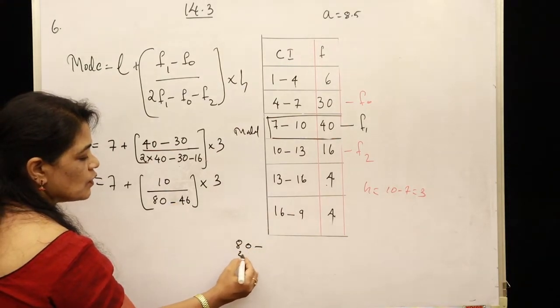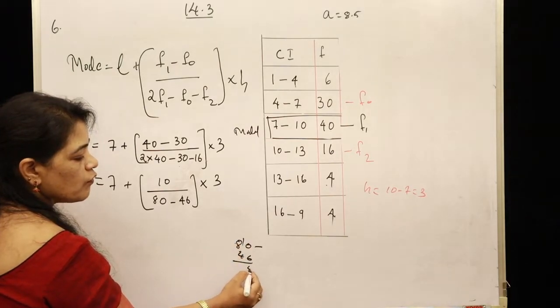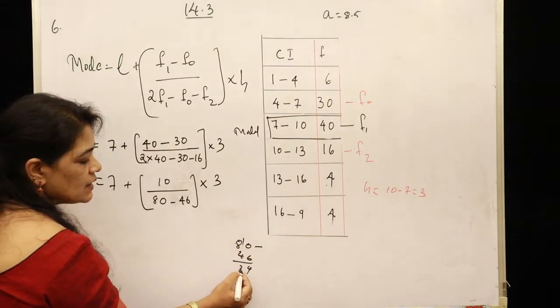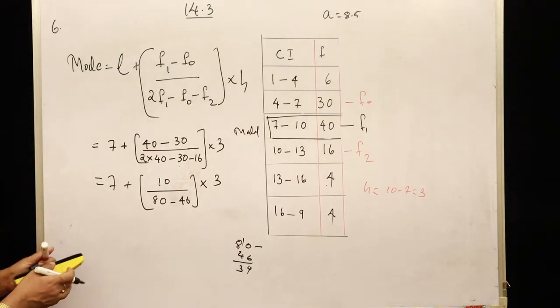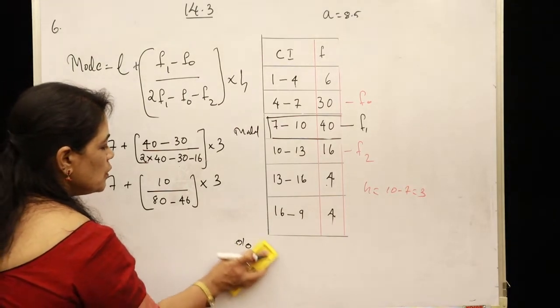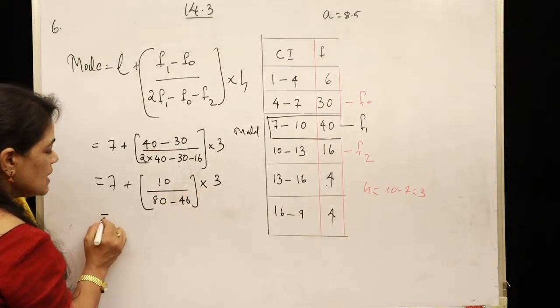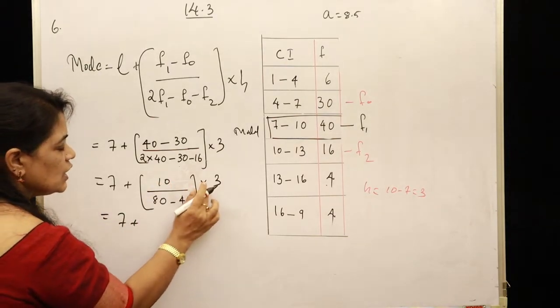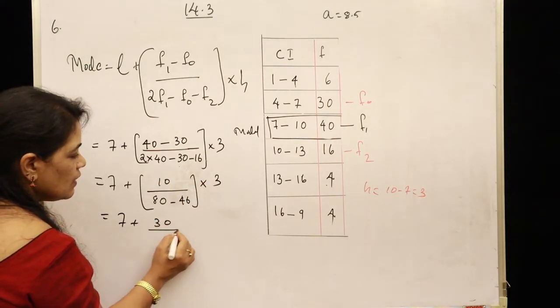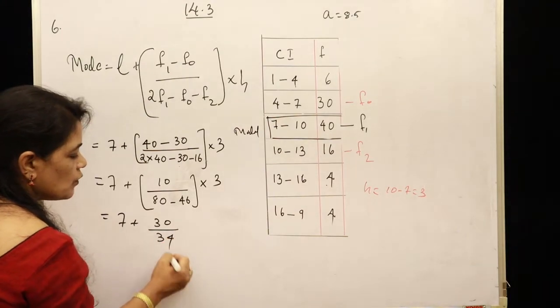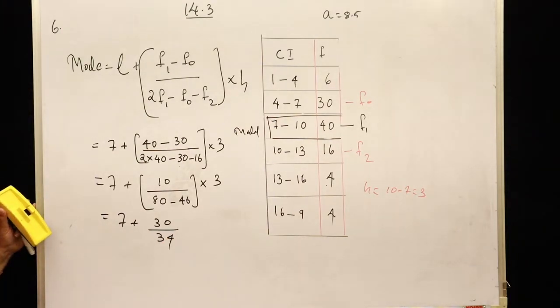In the next step I am going to multiply the numerators, that is 7 plus 10 into 3, 30, divided by 34. Hope this step is clear, children.